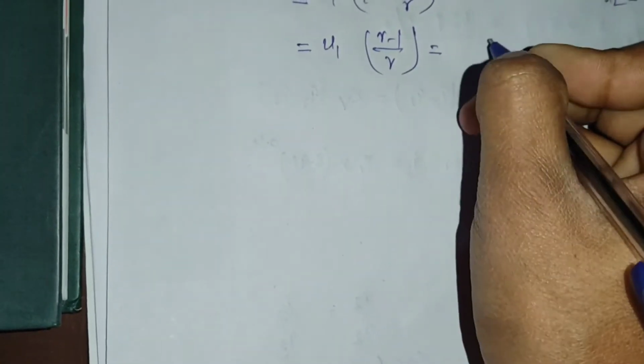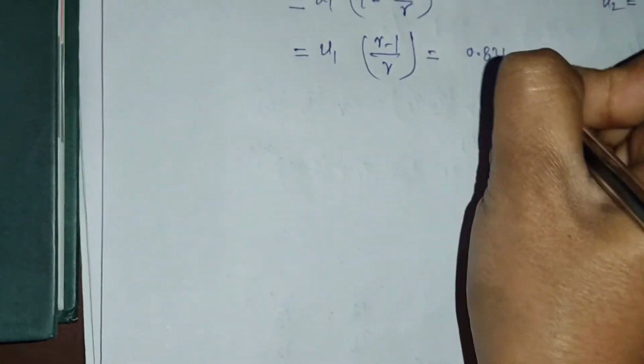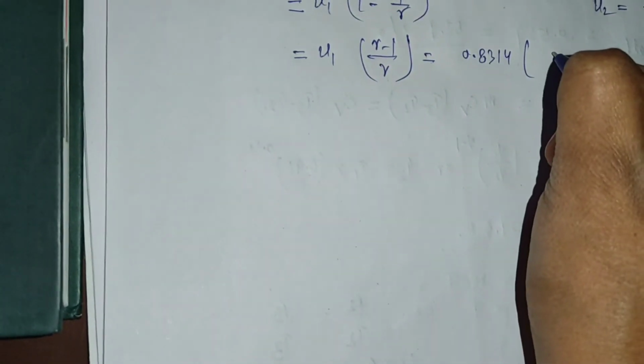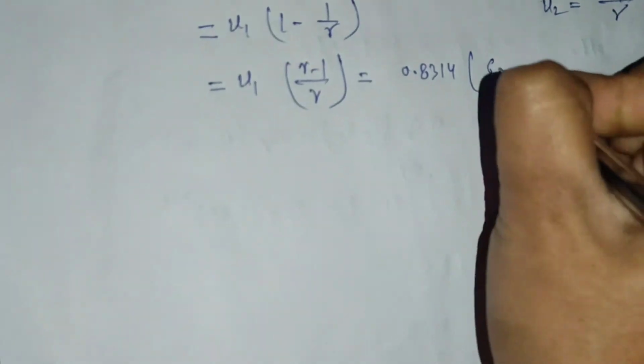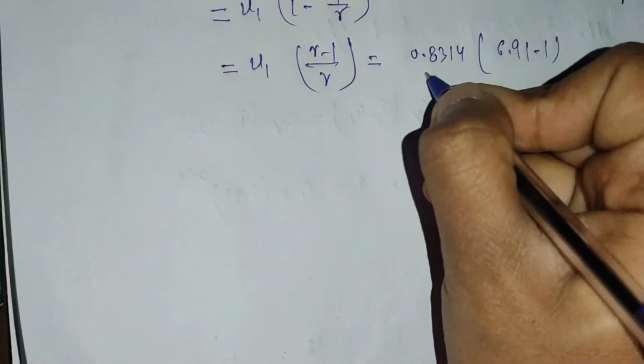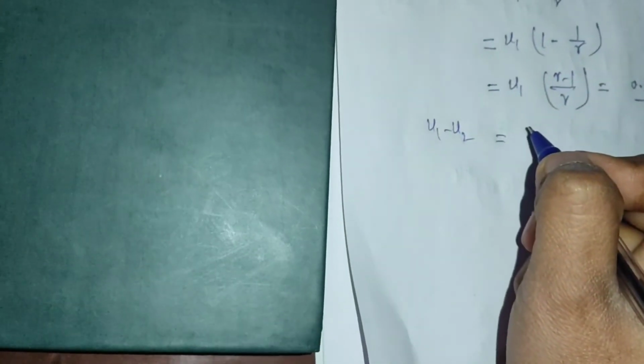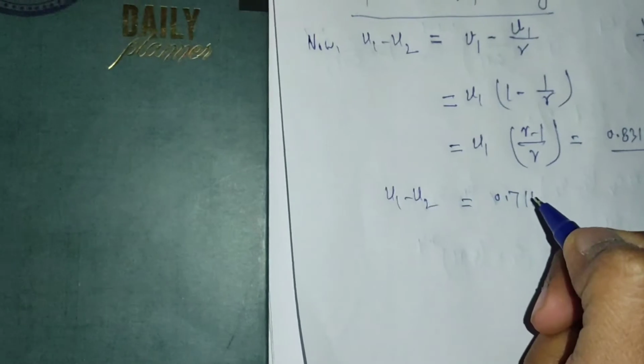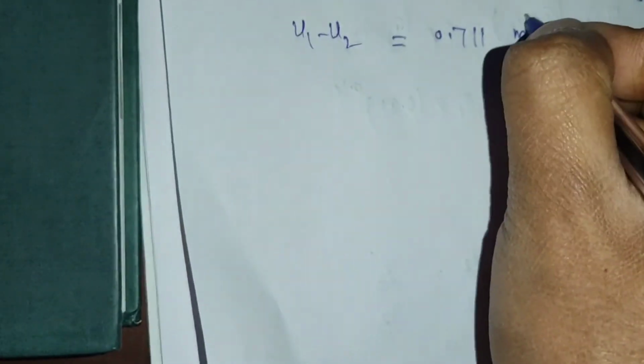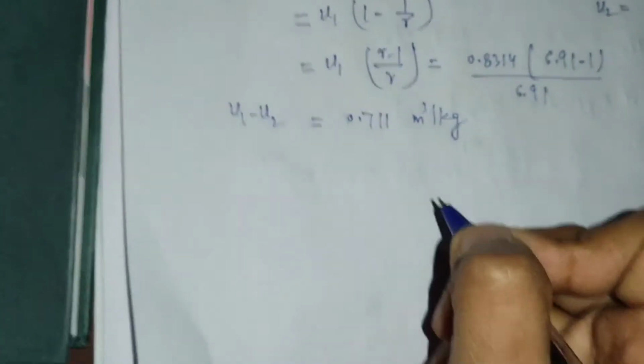So this is equal to 0.8314 into (6.91 minus 1) upon 6.91, where the compression ratio r, we have already calculated, is 6.91. So swept volume v1 minus v2 will be equal to 0.711 meter cube per kg.